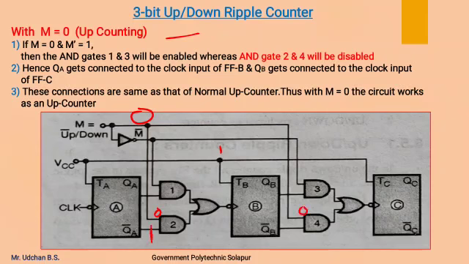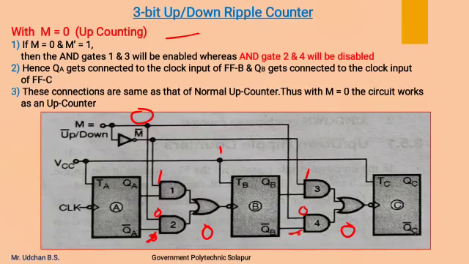So irrespective of other inputs to the AND gate 2 and 4, their output will always be 0. Means AND gate 2 and 4 will be disabled as M is 0, whereas this M complement is 1, so AND gate 1 will receive 1, AND gate 3 will receive 1.